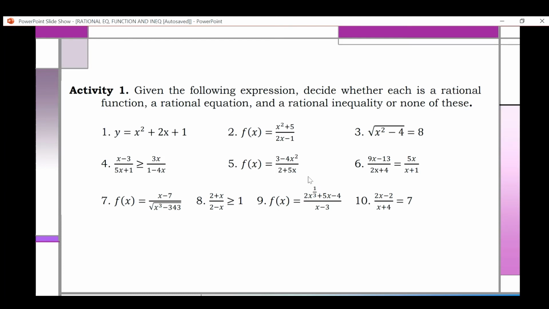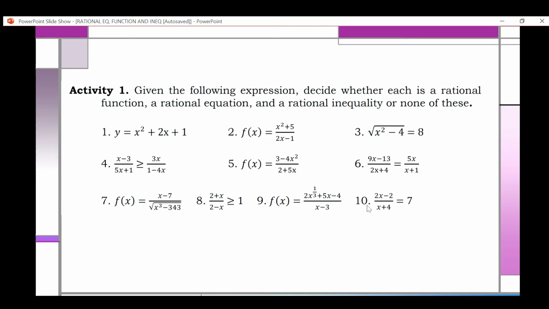So this is not a polynomial expression. So the answer here is none of this because in a rational function class, the numerator and the denominator should be a polynomial function. Okay?